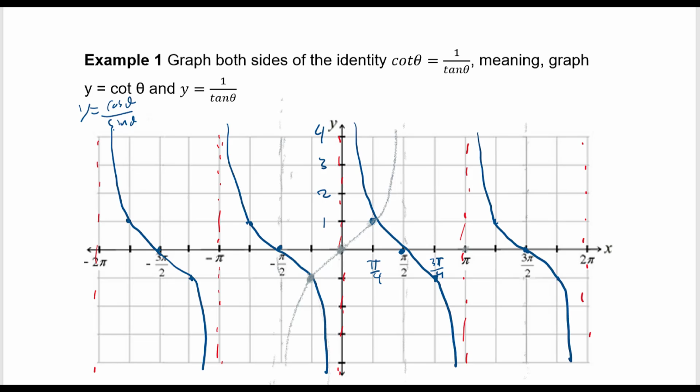This getting close to 0 from the other side, 1 over that makes it positive infinity. That is why, in our graph of 1 over tangent, we get vertical asymptotes where tangent was 0. As tangent approaches 0, 1 over 0 goes toward infinity, so we get curves going up or going down. And that's where we get these curves.